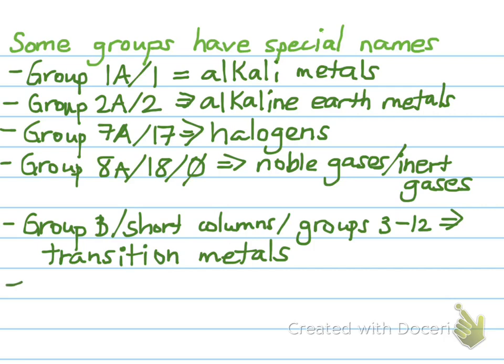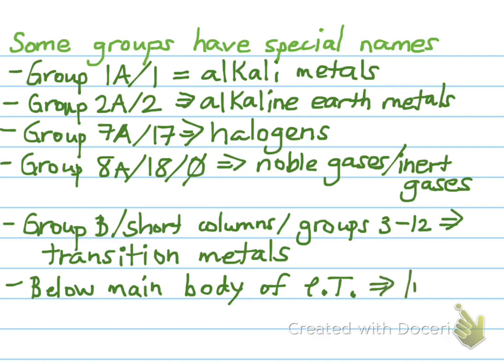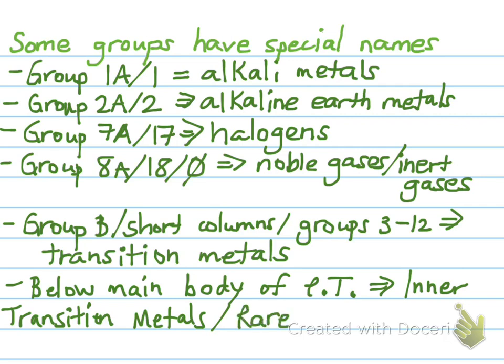And then the elements that are below the main body of the periodic table, so those two rows that are pulled out and put underneath the rest of the periodic table, those are called the inner transition metals, or they're sometimes called the rare earth metals.